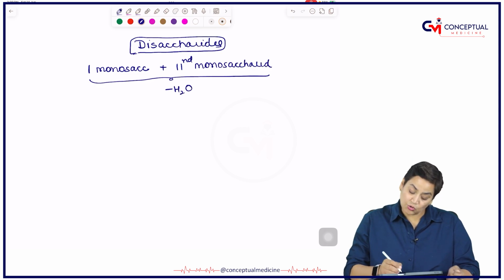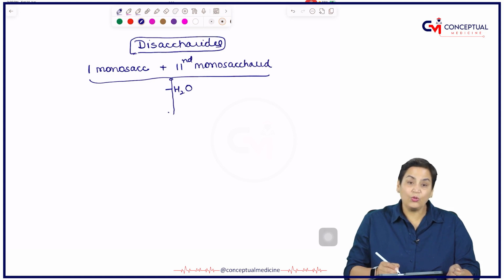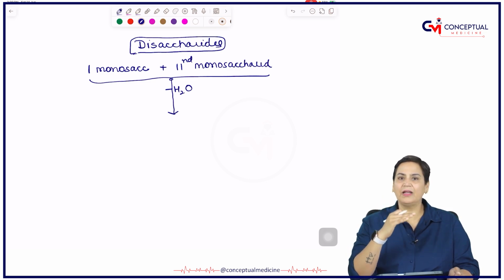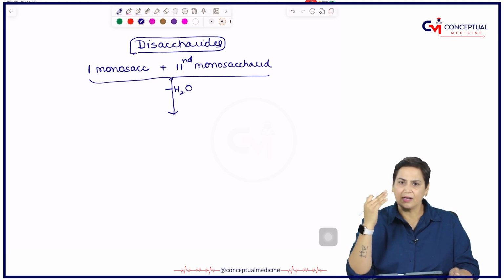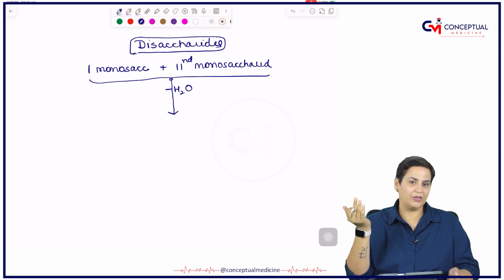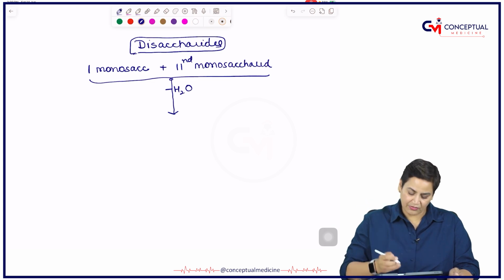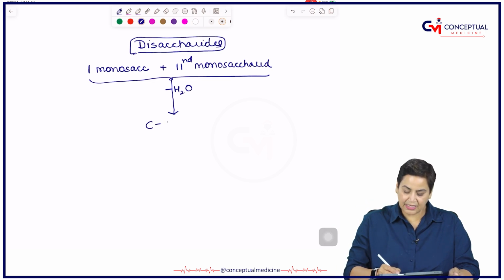And the bond so produced is known as a glycosidic bond, which is very important. So always remember, one member of carbohydrate combines with another member of carbohydrate, losing a molecule of water, forming a glycosidic bond, which is commonly known as C-O-C, or I will simply write glycosidic.